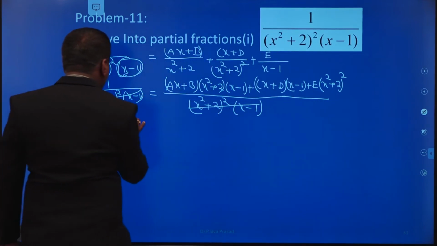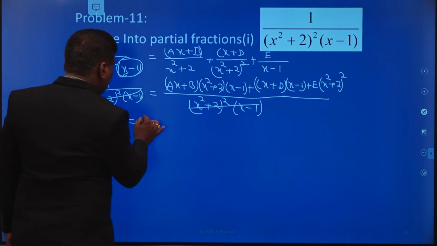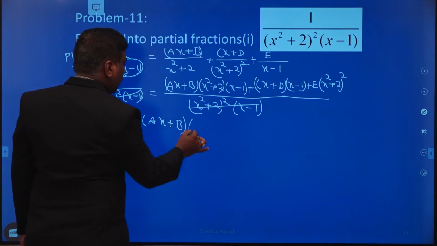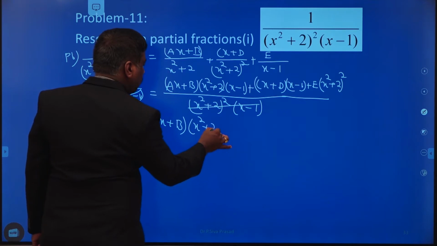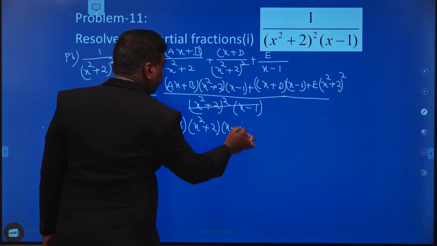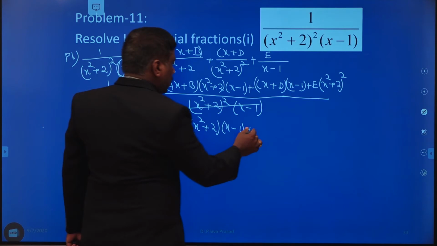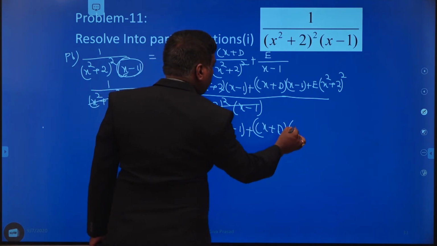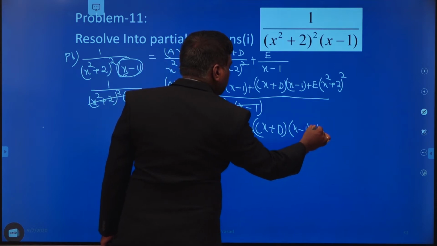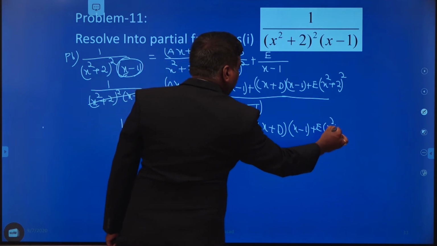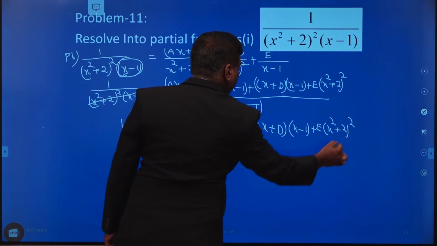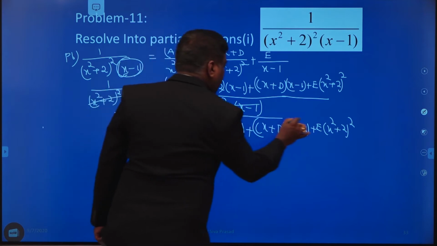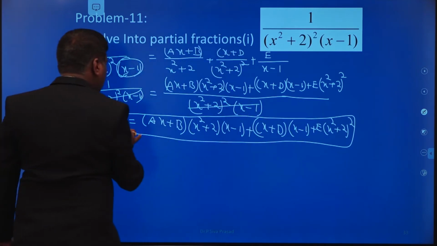Then 1 is equal to (ax plus b) into (x square plus 2) into (x minus 1) plus (cx plus d) into (x minus 1) plus e into (x square plus 2) whole square. So let us assume this is the first equation.